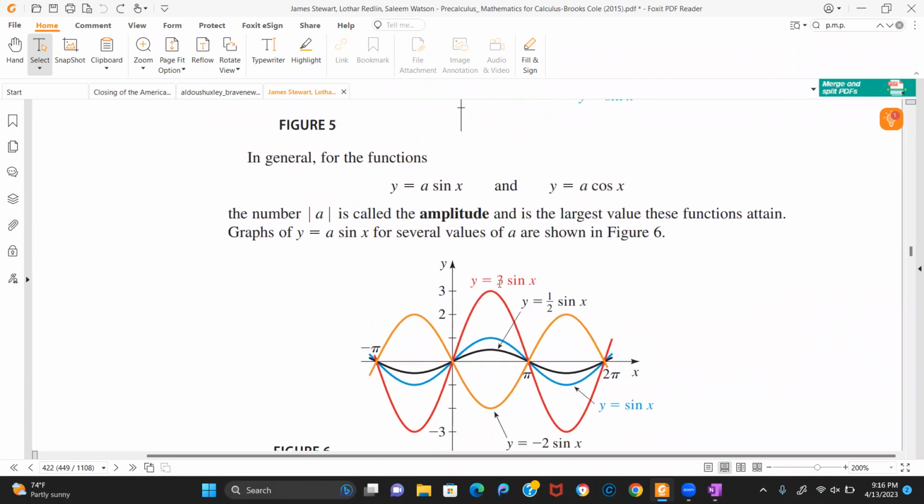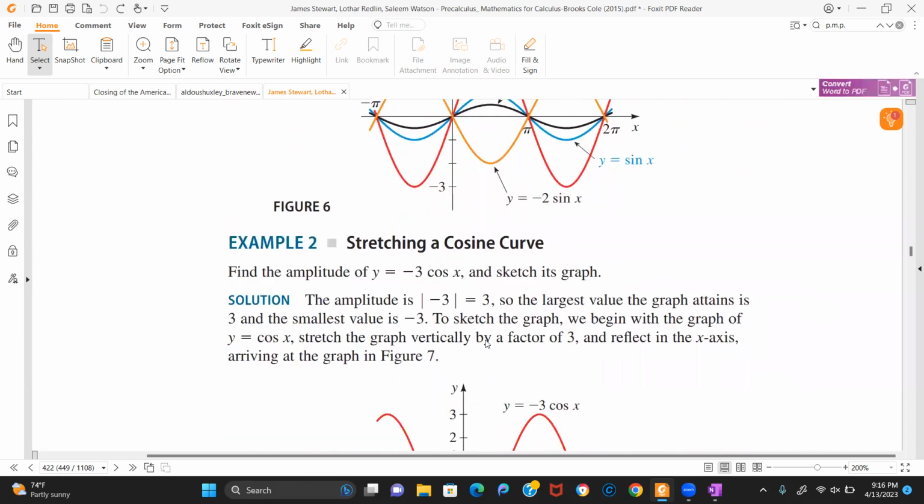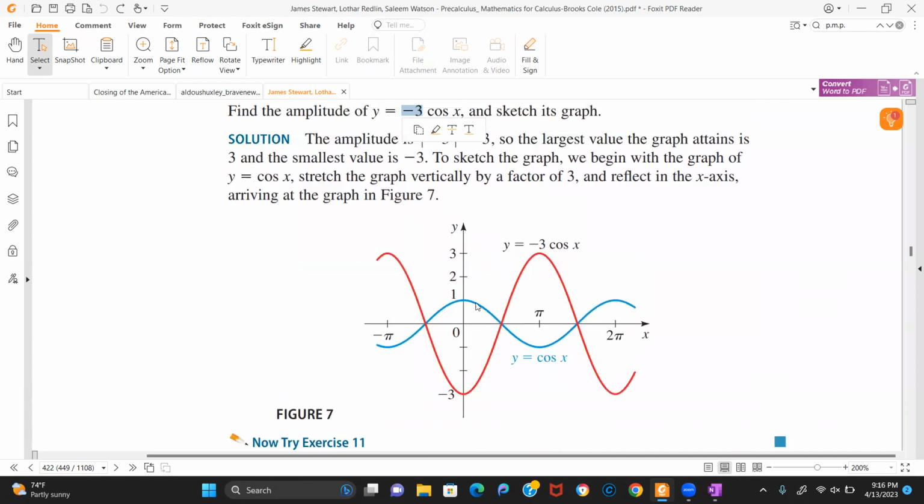So you can see when you multiply cosine by 3, it maxes out at 3. All right, so find the amplitude. This is kind of a trivial example. Find the amplitude of this curve. Well, it's just the absolute value of 3, so there's not much to do there. And there's the graph.